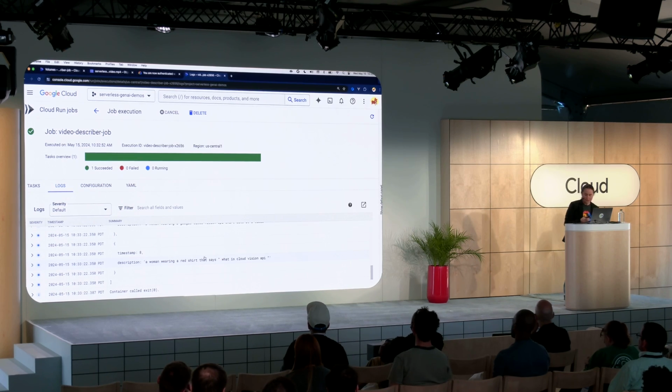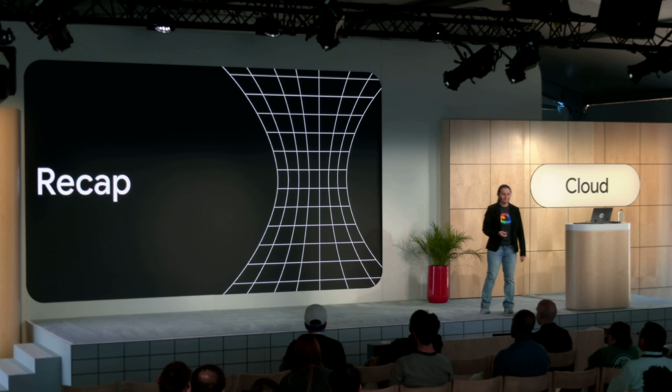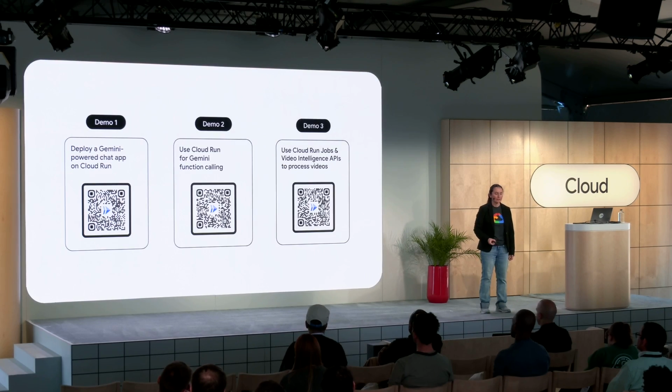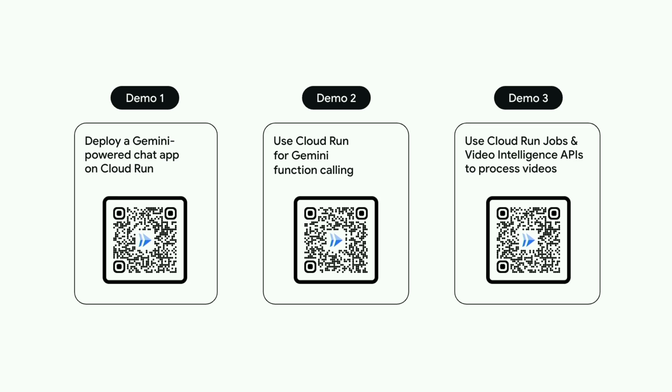So let's recap. Today you saw an overview of how you can let Cloud Run handle your auto-scaling needs while you get to focus on your code. In Demo 1, you saw how you can incorporate Gemini into a chatbot app on Cloud Run, and how you can use the Google client libraries to handle authentication to Google APIs for you.